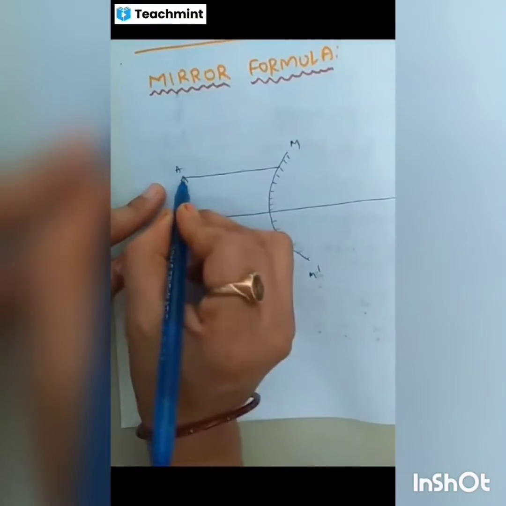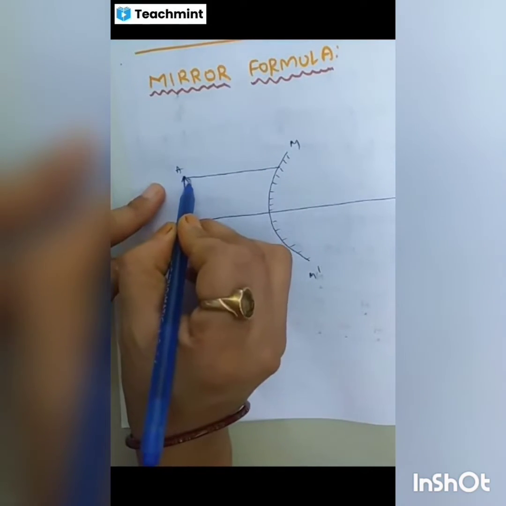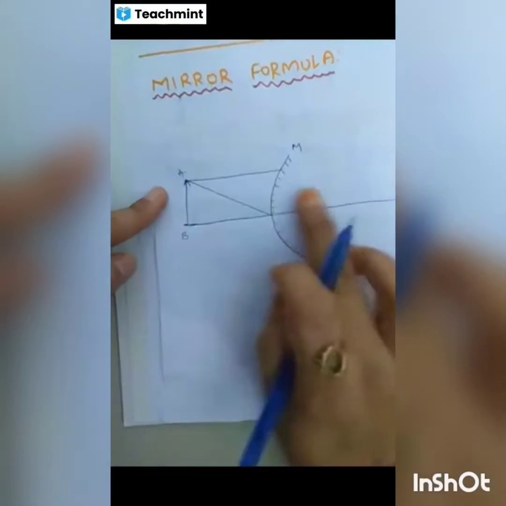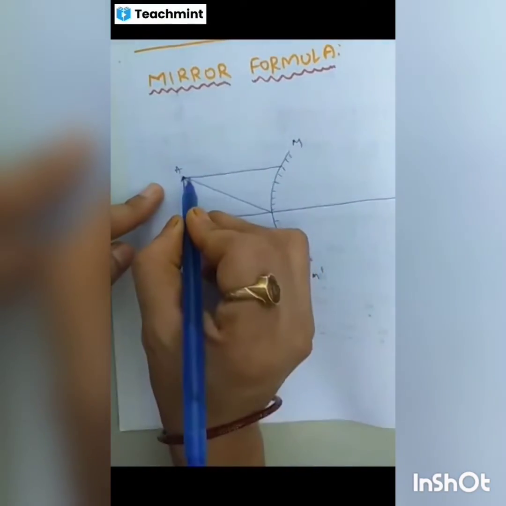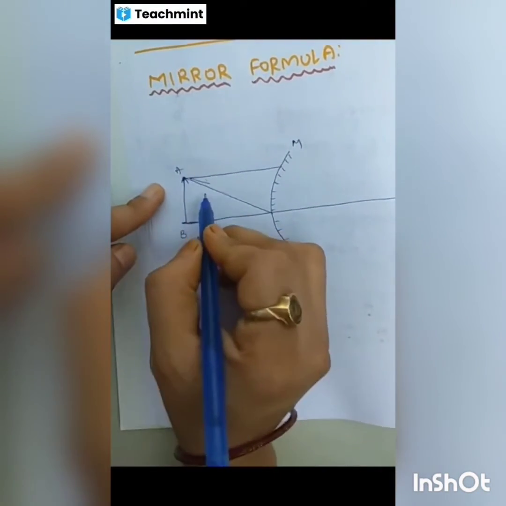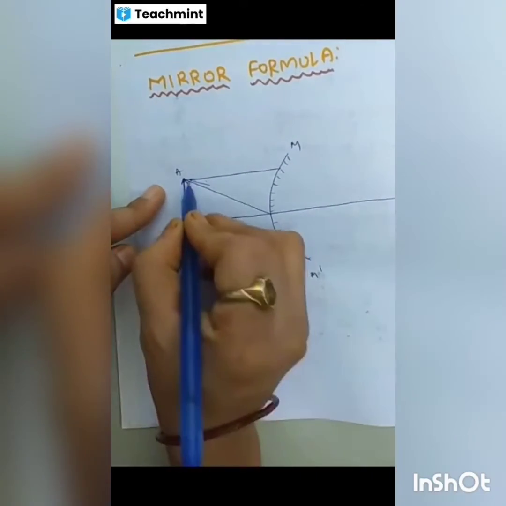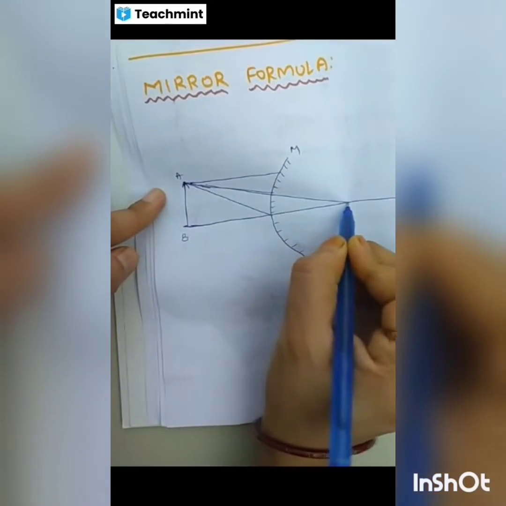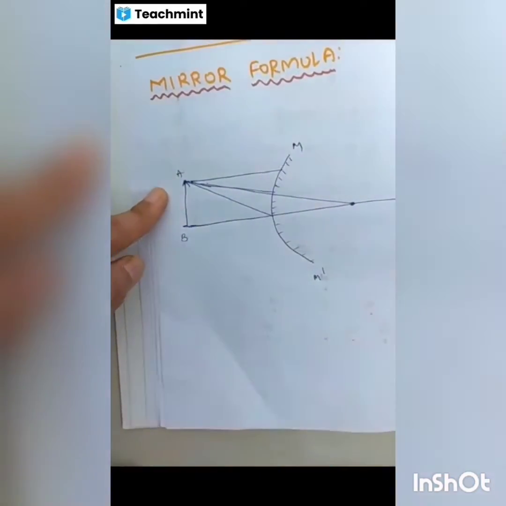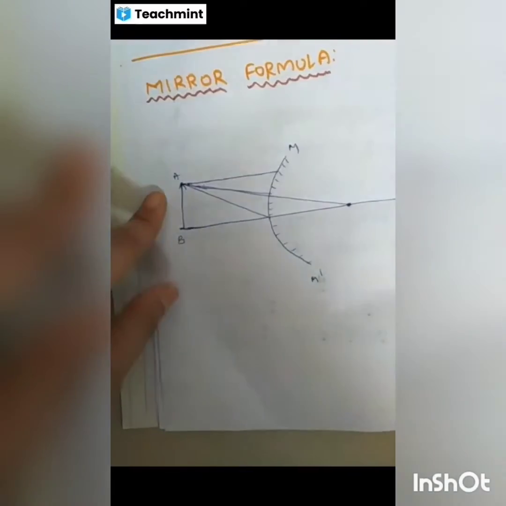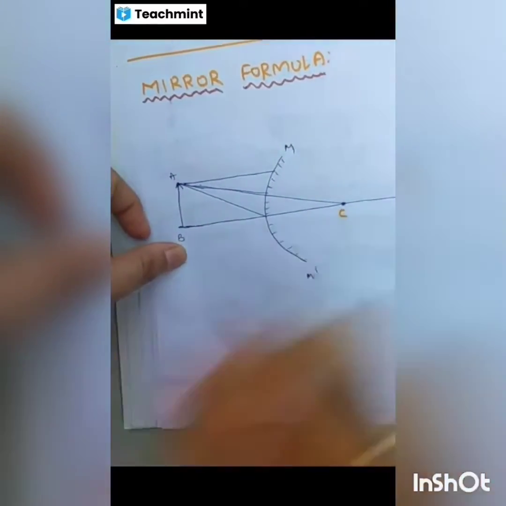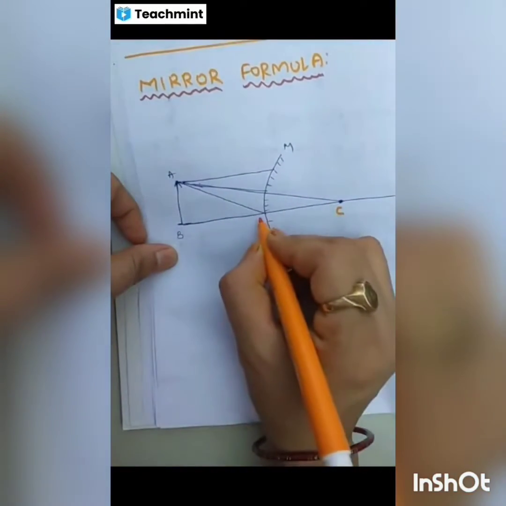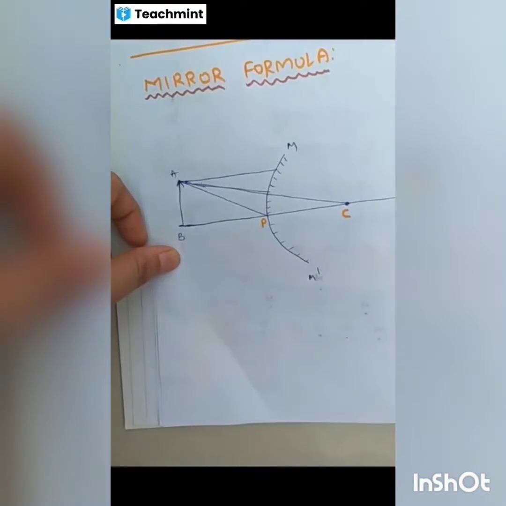Okay, one incident at pole, one parallel to the principal axis, one we'll consider making some angle which is incident at C. So we'll consider this as C, and this as P, right?